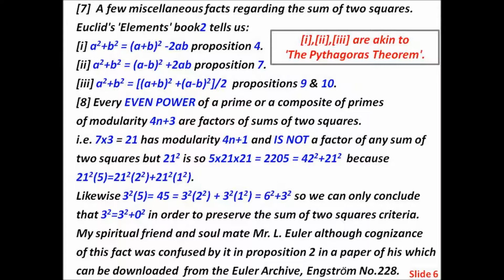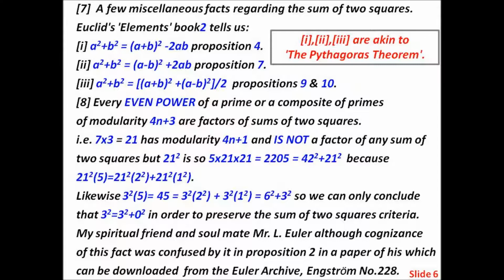So 5 times 21 times 21 is equal to 2205, which is equal to 42 squared plus 21 squared, because 21 squared times 5 is equal to 21 squared times 2 squared plus 21 squared times 1 squared.